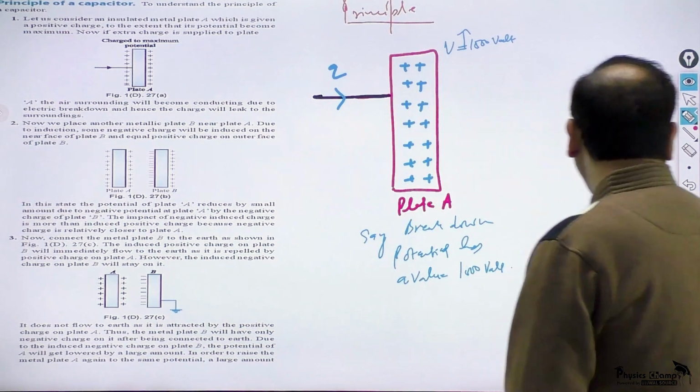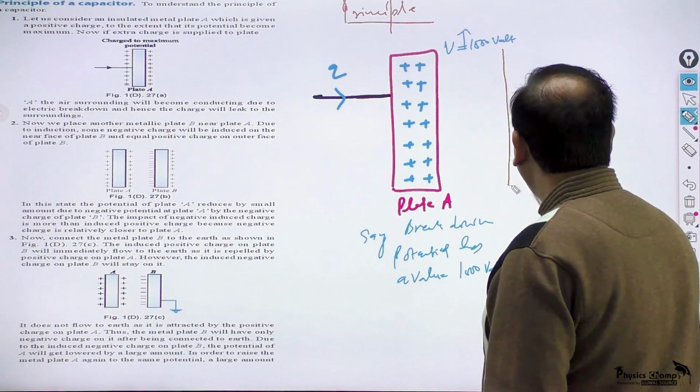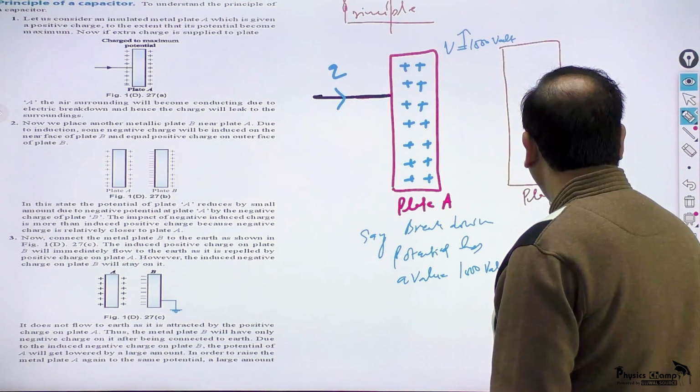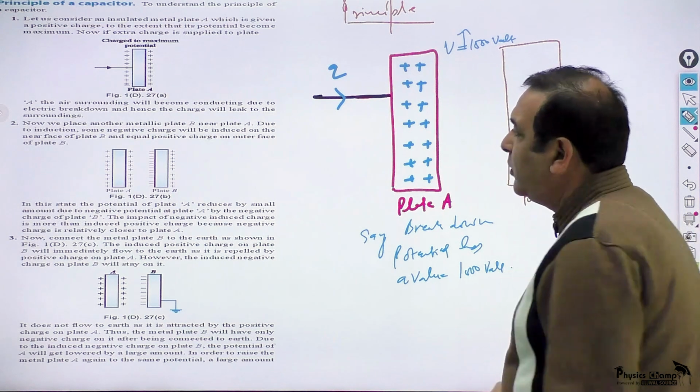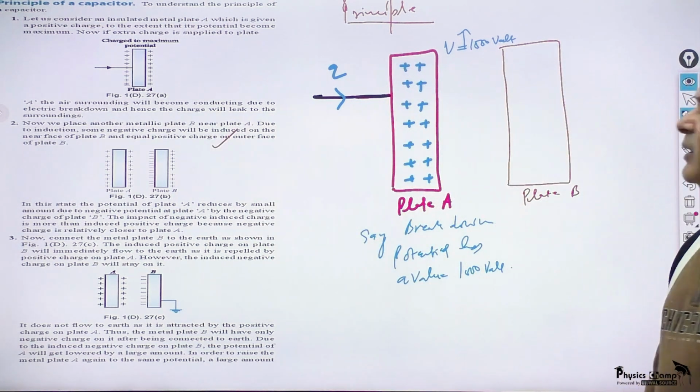So in order to have more capacity, what we do is we bring another plate near to it. I could call it plate B. So this is step 2. I will bring another plate near to it.